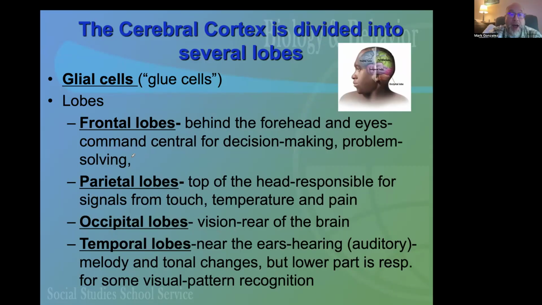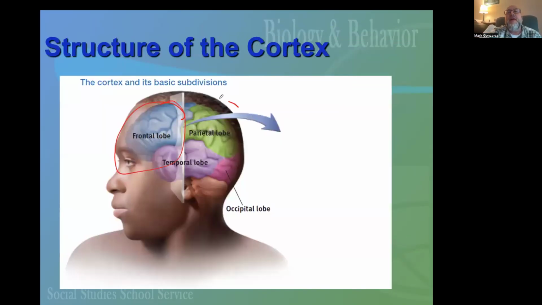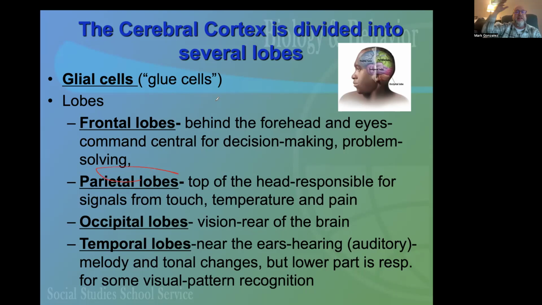Then you have the parietal lobe. That's the very top of the head. So basically, that would be in this area here. So starting somewhere about midway to the top and over up in this area of your brain. That's where it's responsible for signals from your touch, so your sensory cortex is there, your ability to feel temperature, and your brain will process pain, right?